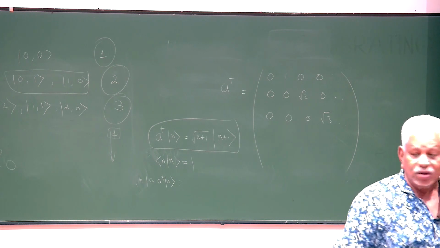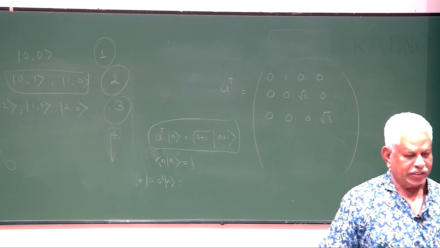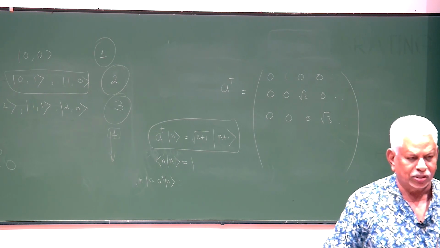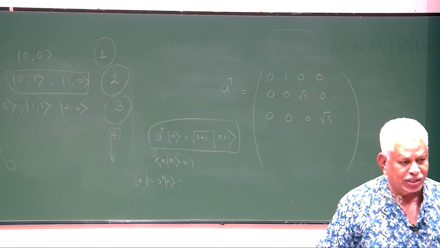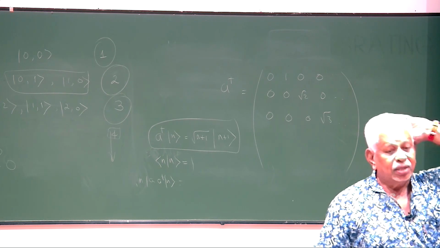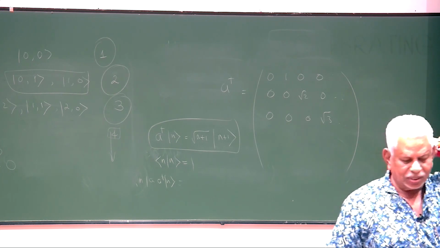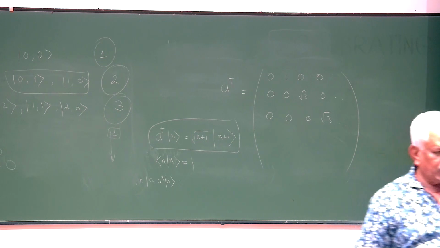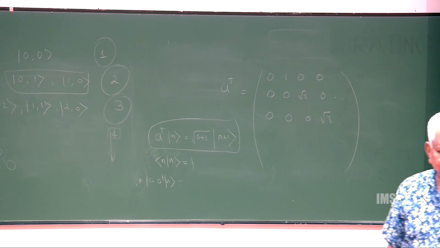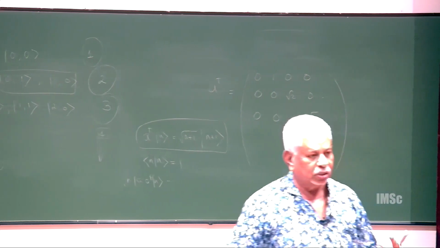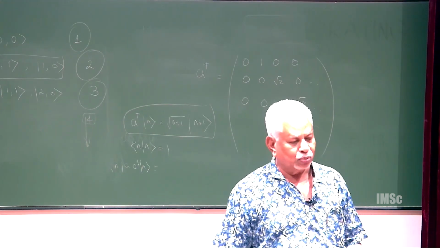Unlike the previous case where you have infinite dimensional matrices, here you have only finite: 3 by 3 matrix, 2 by 2 matrix, 5 by 5 matrix, etc. That makes quantum mechanics even easier because you don't have to deal with infinite matrices. It is enough if you deal with a finite number of them. But that finite number can be very large because l can be a million. Then 2 into million plus 1 states will be there. So that is the idea.